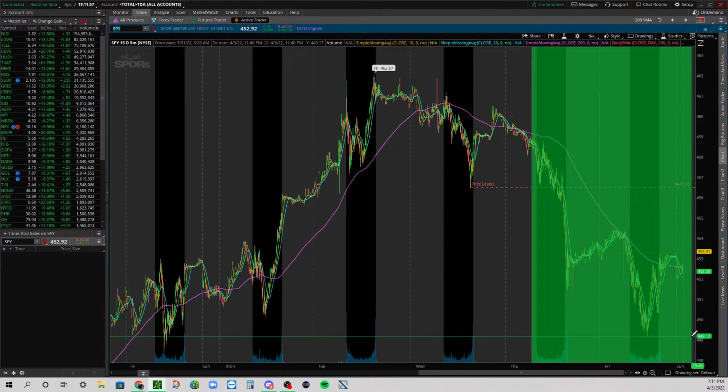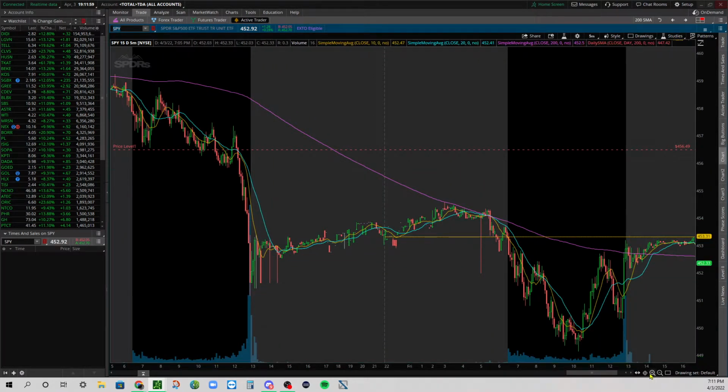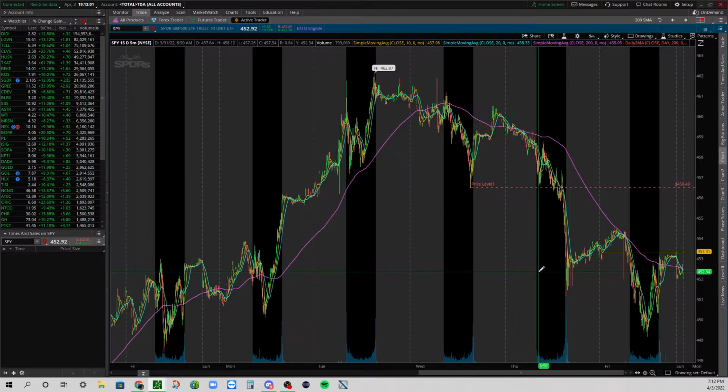You're like, oh man, this is bearish, the market should keep going down. So mentally, you're already thinking short. So your brain only wants to see short trades.